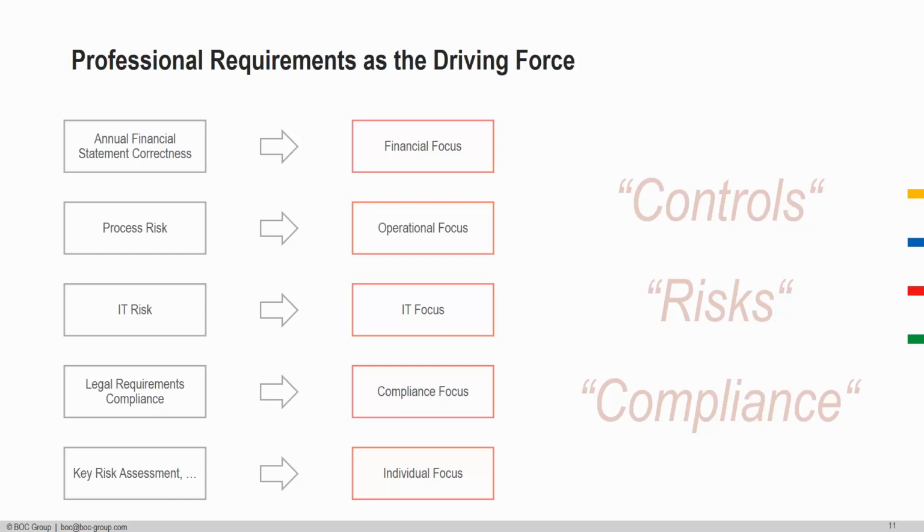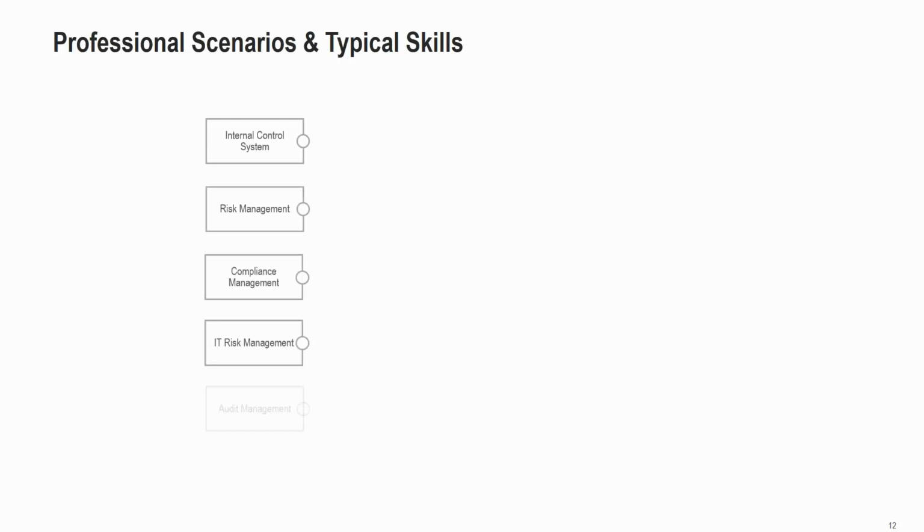So for example, you could have the ongoing periodic assessment and evaluation of your key risks identified as well. So based on these requirements, different scenarios can arise, such as your internal control system or risk management system. To implement these scenarios, it's necessary to provide certain skills and functionalities.